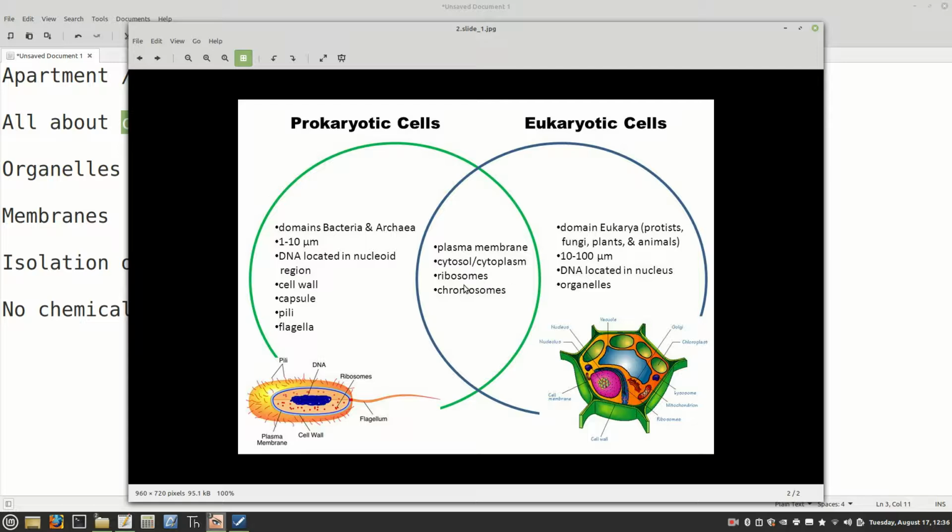Alright, they all have ribosomes. That's necessary for all life. All living things have ribosomes. Now, chromosomes. Here's where I disagree with this book or this picture. A chromosome is supposed to be linear, and it also has something called histones, and it wraps up.